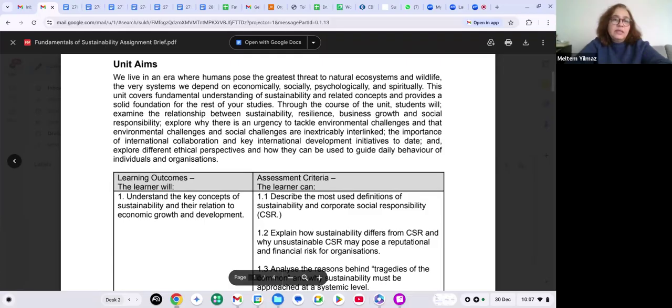That we live in an era where humans pose the greatest threat to natural ecosystems and wildlife, the very systems we depend on economically, socially, physiologically, and spiritually.